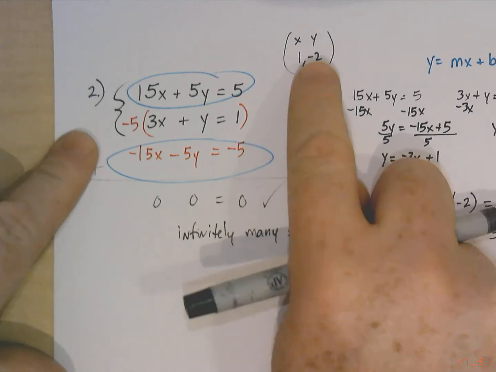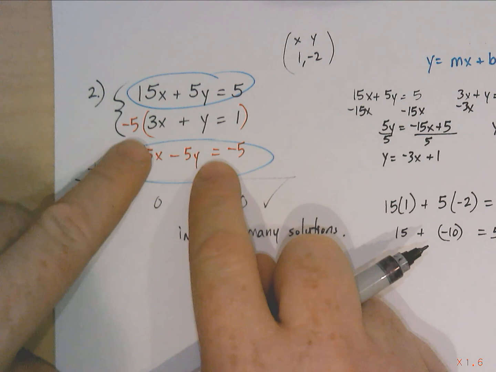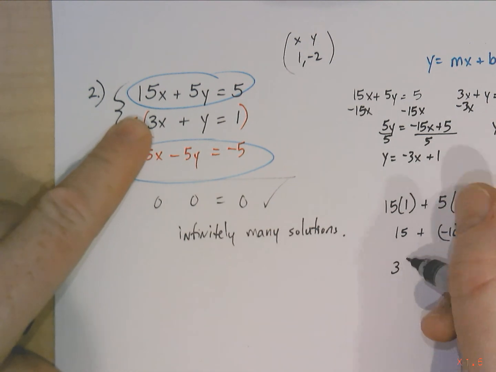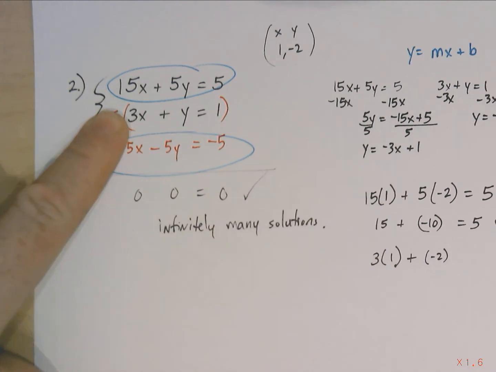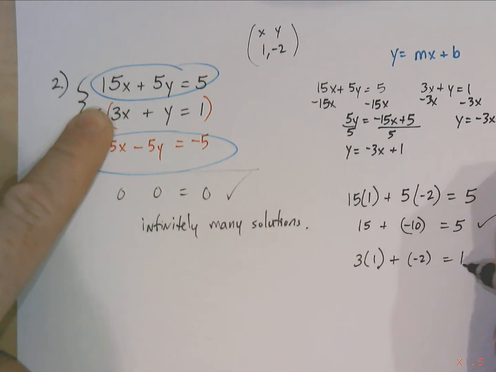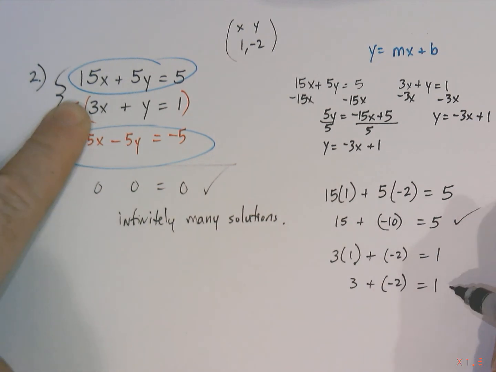And if we plug this one into the other equation, the one that we didn't modify to get to here, 3 times 1 plus -2, equals 1. Well, 3 times 1 is 3. 3 plus -2, which is the same thing as saying 3 minus 2, is 1. That is true. That works out too. So you can see it works out in both equations. Infinitely many solutions. All right.